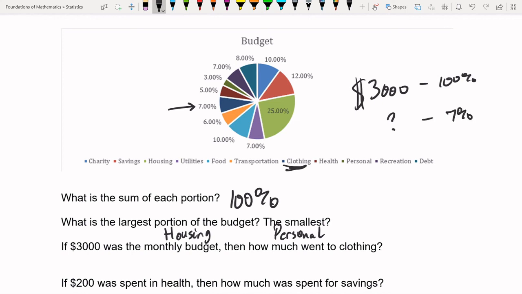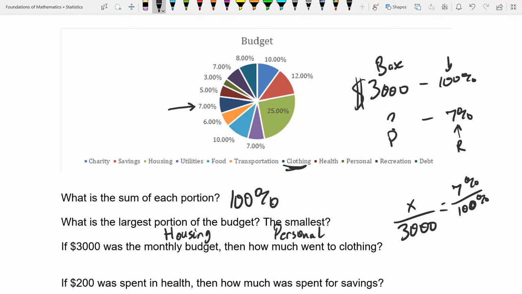Is how much money? Well, this is very, very easily handled as a proportion. We have $3,000, X dollars, 100%, 7%. Right? And this is the base. This is the 100% that's always in the proportion. This is the percentage, or R, and this is the part. So we have a proportion here we solve by cross multiplying and dividing.